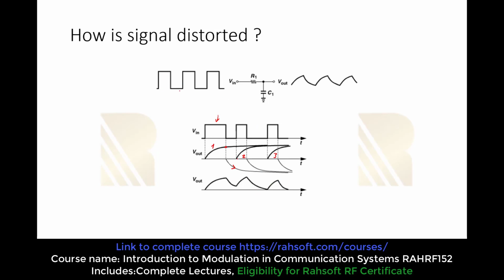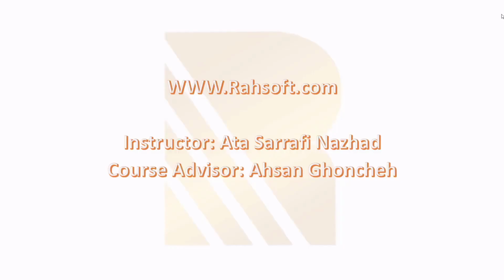There is a settling time for this low pass filter. This is an RC system, and this RC system has a settling time. If the RC is low, it's going to settle fast, but if it's high, it takes time to settle. It can't follow the input, because there is a capacitor here, and the voltage of the capacitor can't jump.